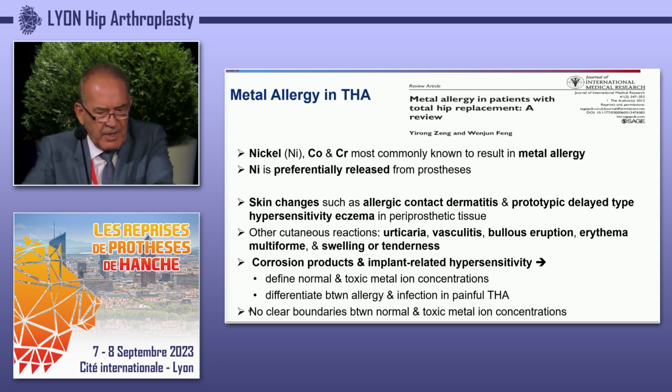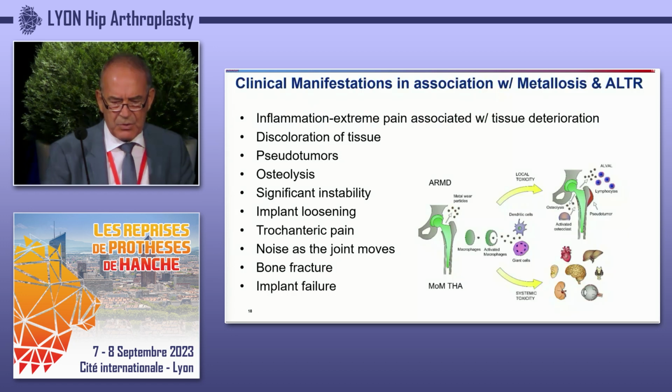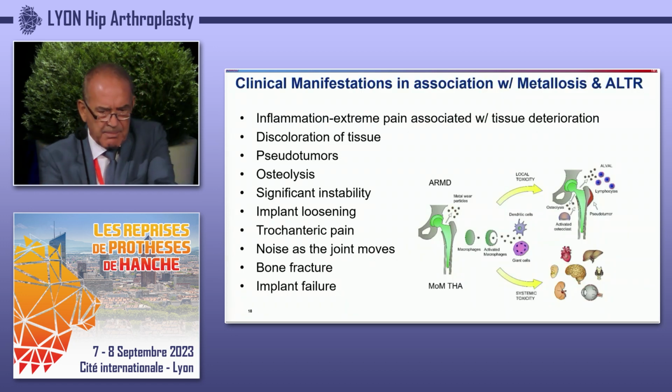So we need to define what is the normal and the toxic metal ion concentration, and differentiate between allergy and infection. Sometimes it's confusing. So what's the clinical manifestation of metallosis and ion concentration?